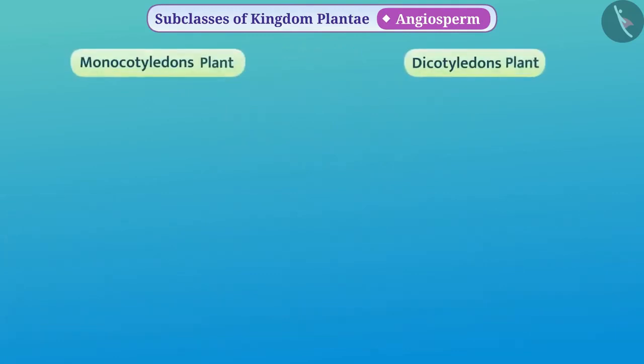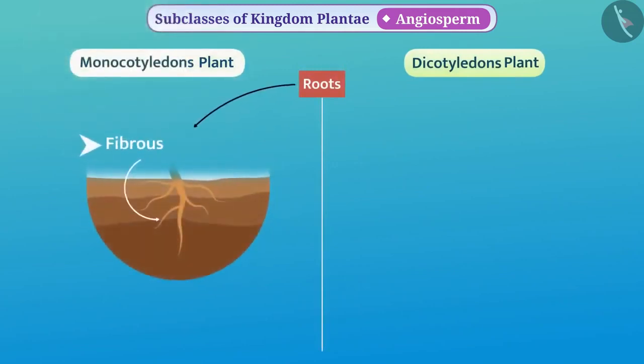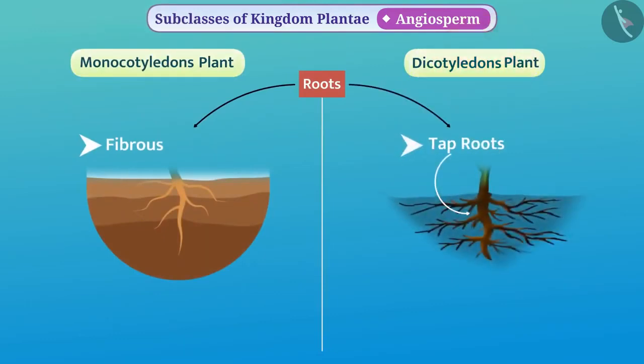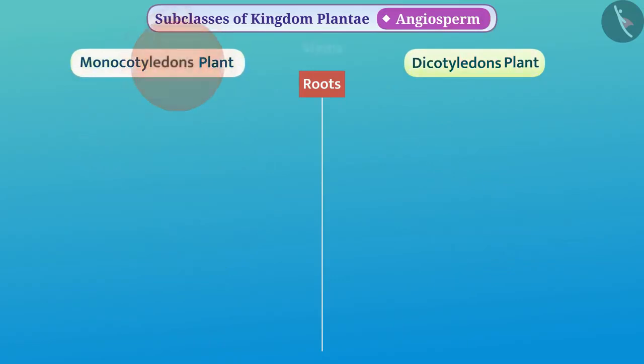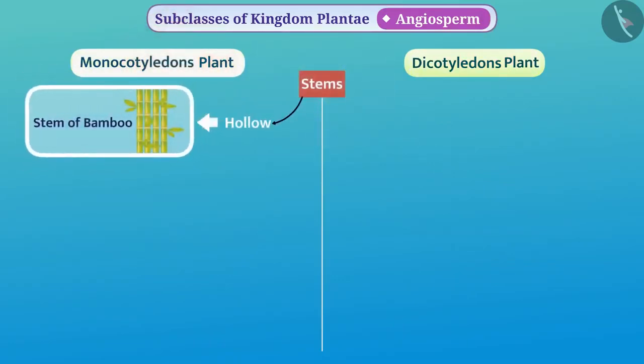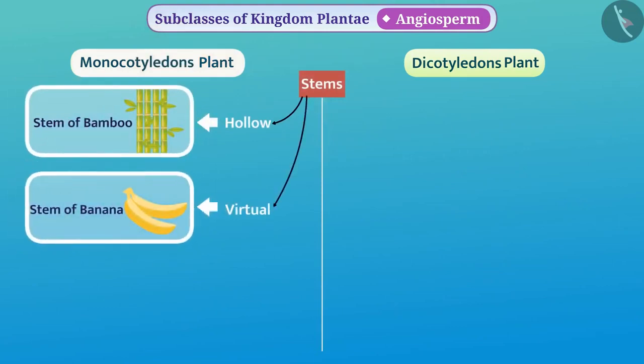Let's understand their characteristics. Roots in monocot plants are usually fibrous, whereas in dicotyledon plants, there are taproots. In monocot plants, stems can be hollow, such as bamboo, can be solid, such as banana, or can be bulbiform, such as onion.